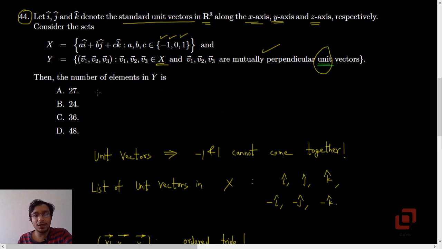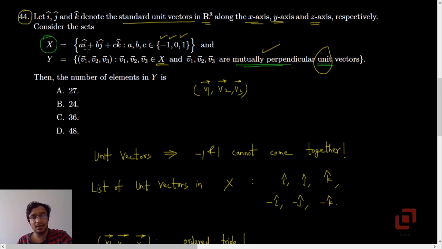Now one thing to understand here is Y is not the set of unit vectors. It will include ordered triplets v1 bar, v2 bar and v3 bar, which will be unit vectors, but they are also mutually perpendicular. Now we will first go to set X and see what it is saying.